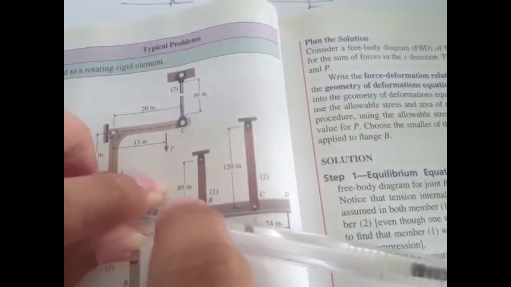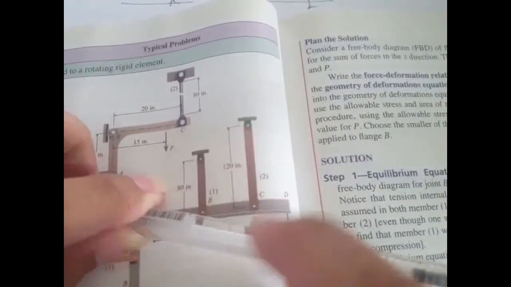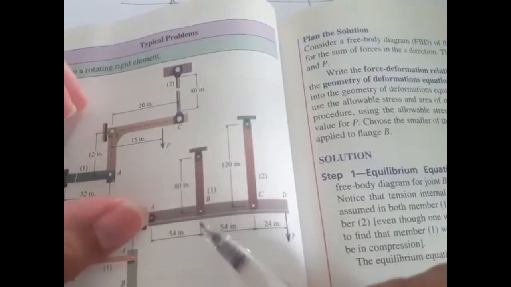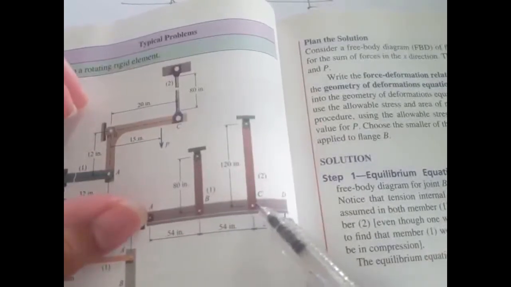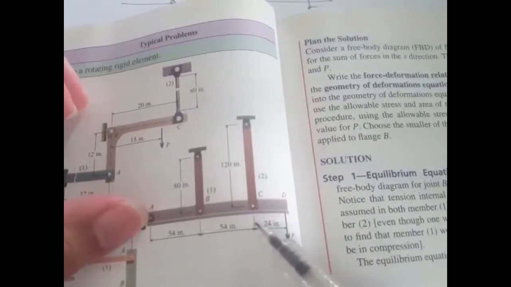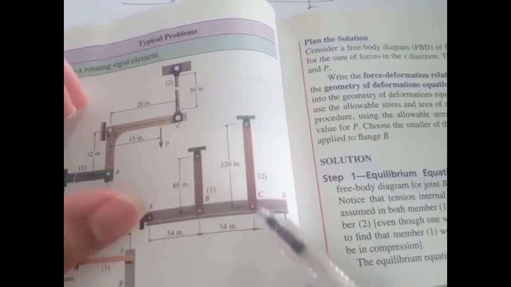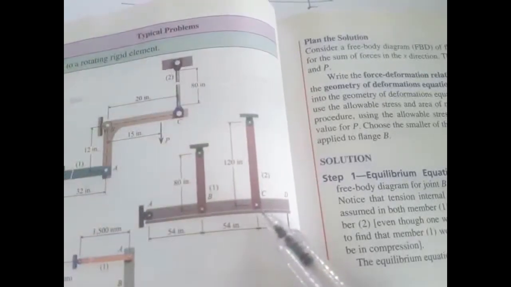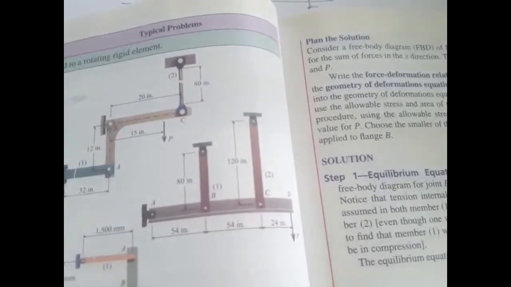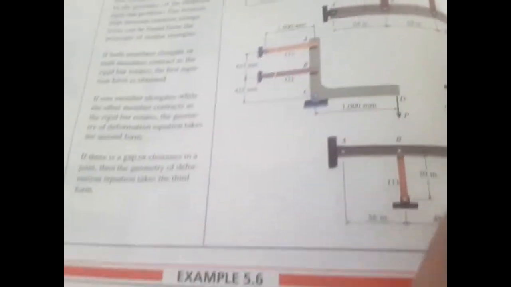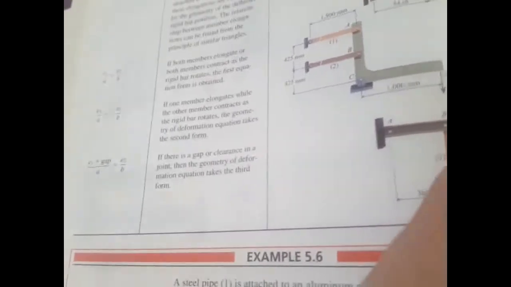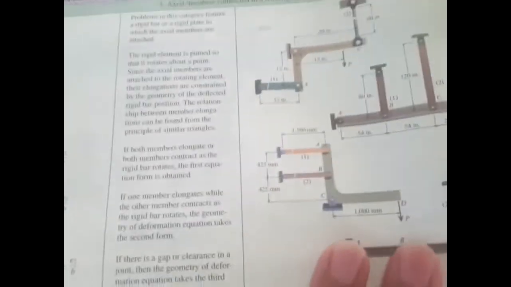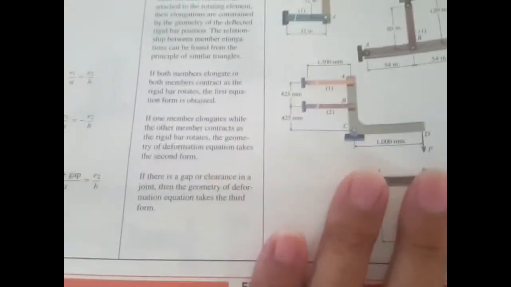From point B, it will deflect some amount, and then point C will also deflect a larger amount. If that's the case, then you just have to apply the similar triangles equations.